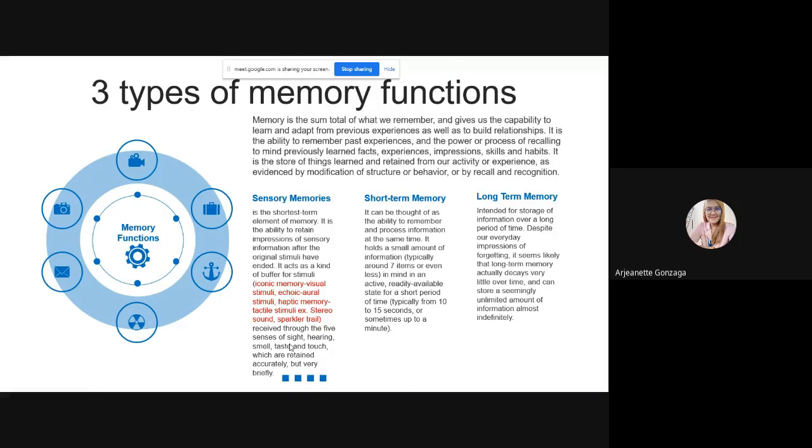Kaya nga short-term memory siya, sensory memory, short-term memory. Sensory memory is the shortest-term element of memory. So it is the ability to retain impressions of sensory information after the original stimuli have ended.